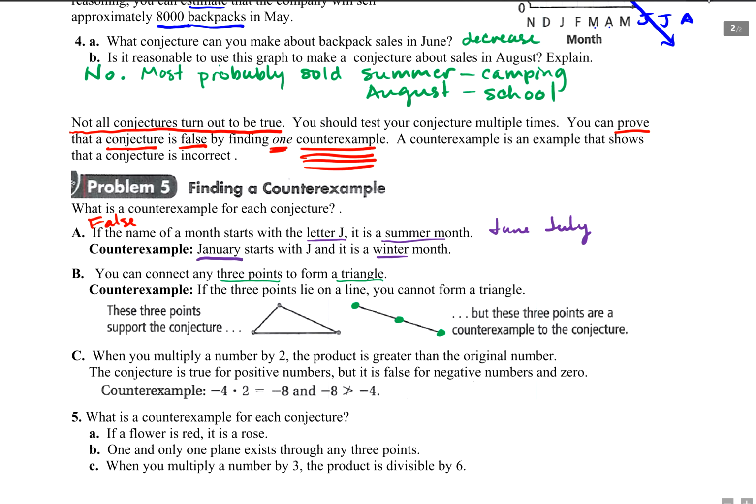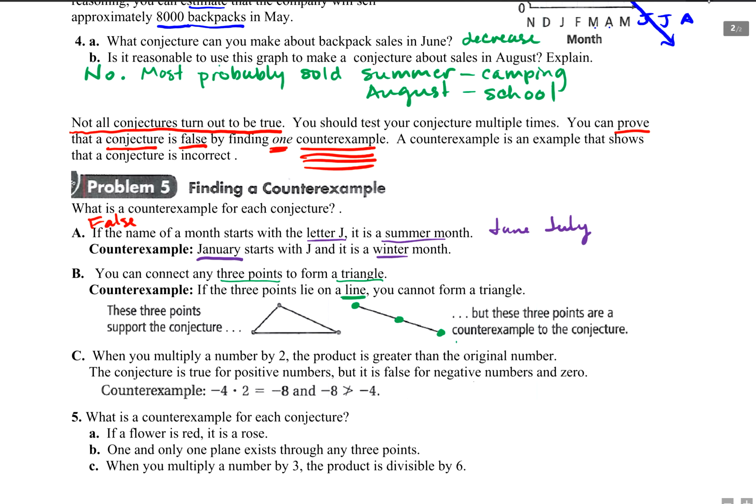So if your 3 points are in a line, then you cannot form a triangle. Any other combination of 3 points will make a triangle. All we need is this one and only one to make our conjecture false.